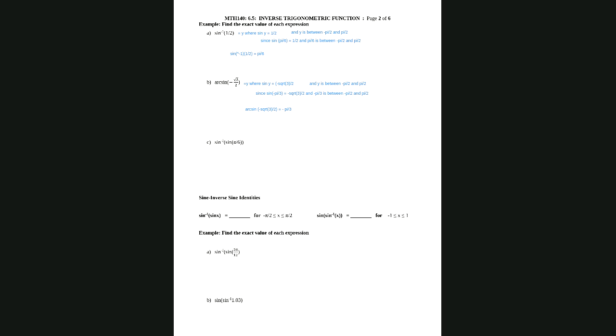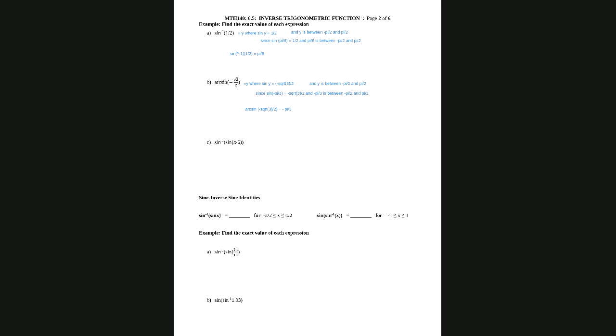Are we ready for part C? Okay. So this one's a little bit more complicated. We want to find the inverse sine of the sine of pi over 6. Following the order of operations, we do what's inside the parentheses first.